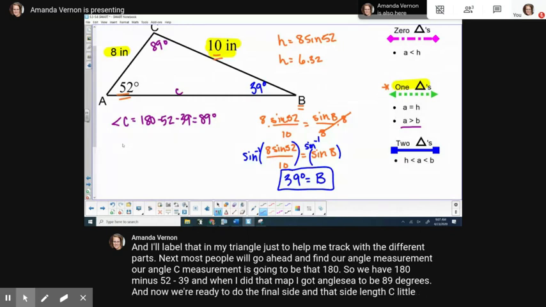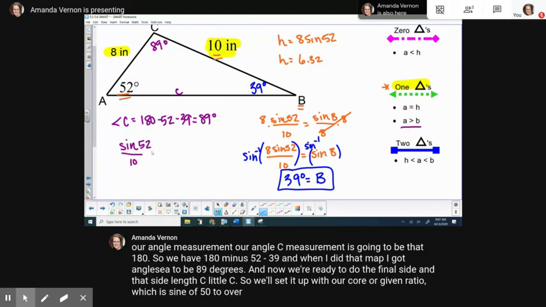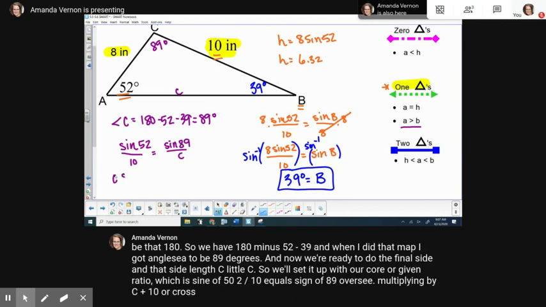So we'll set it up with our core or given ratio, which is sine of 52 over 10 equals sine of 89 over C. Multiplying by C and 10 are cross multiplying. And then dividing by your sine of 52.